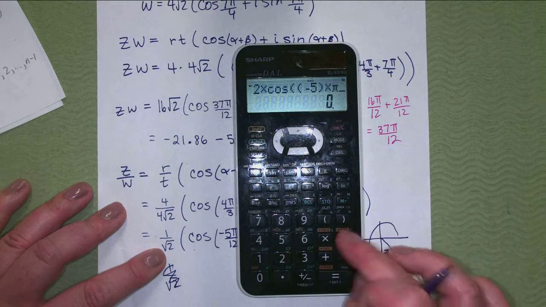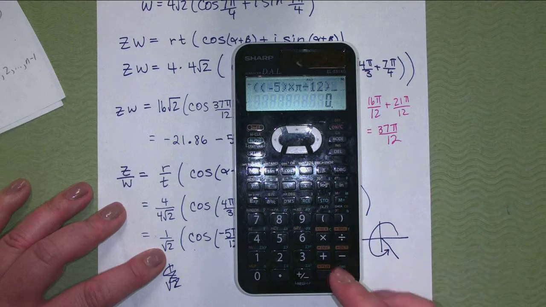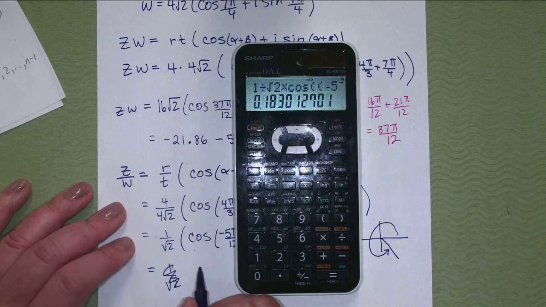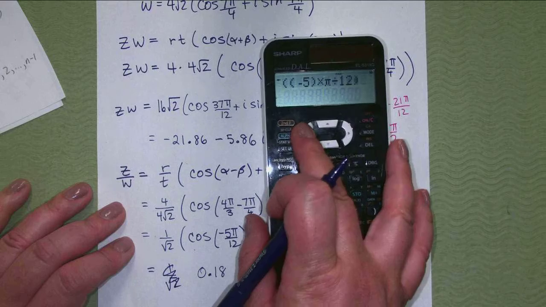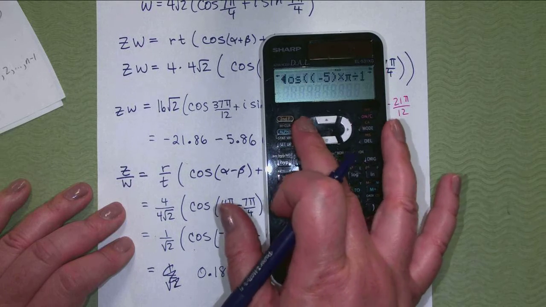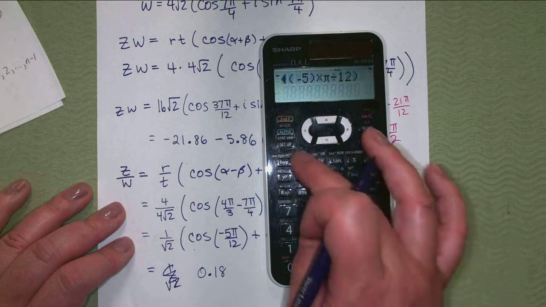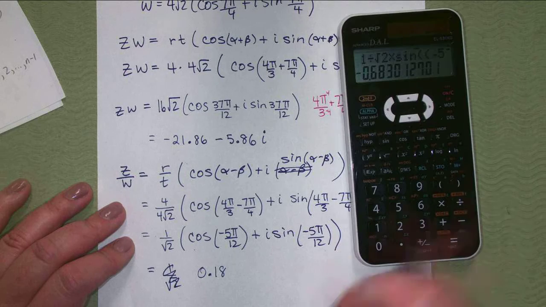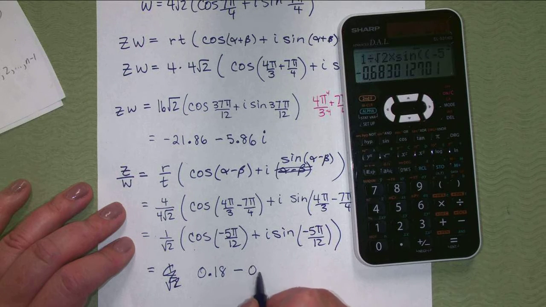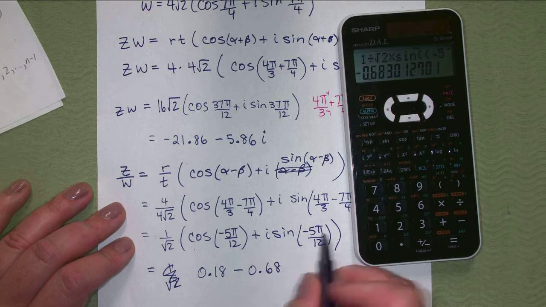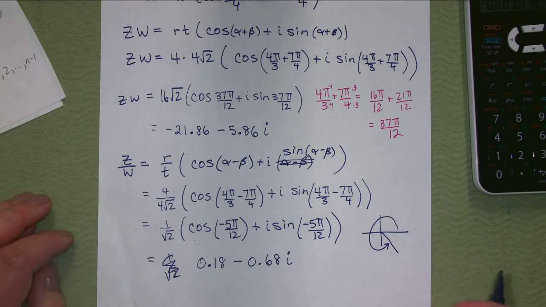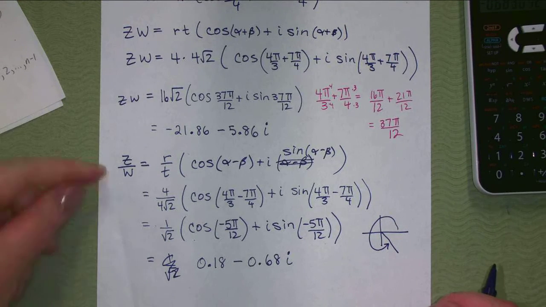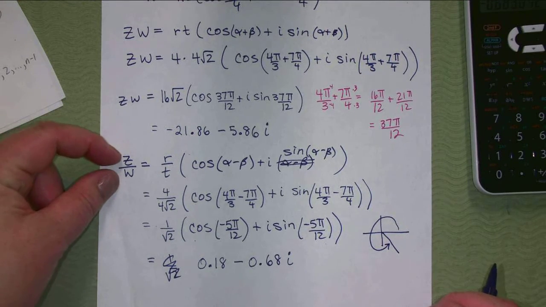So my A will be 0.18, and then I can go back on my calculator and change the cos without retyping it all. Minus 0.68i. Okay, so we're dividing the numbers. Now, if you did this in standard form, you're getting fractions and you convert them to decimal, you'll get the same answer. Okay.